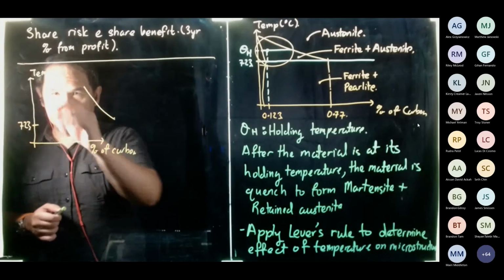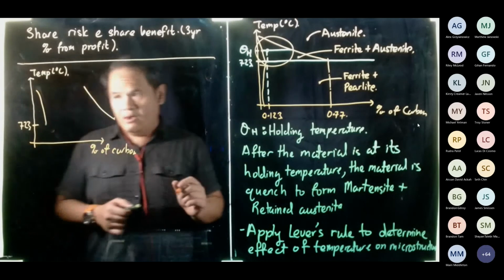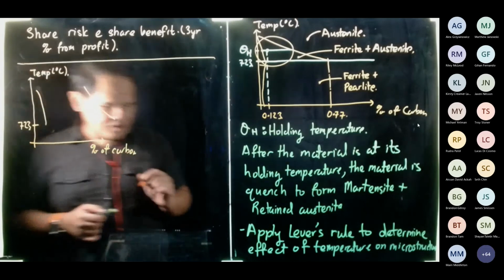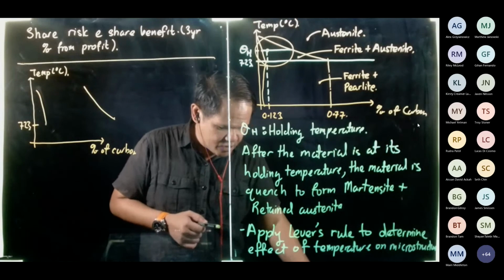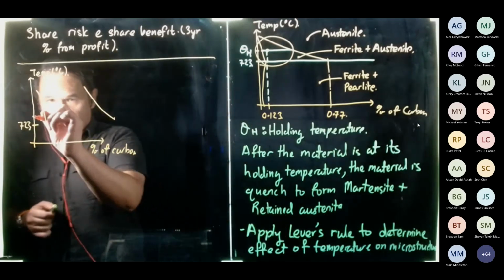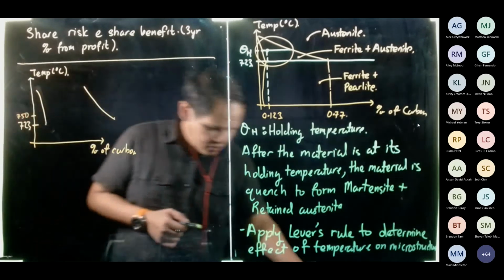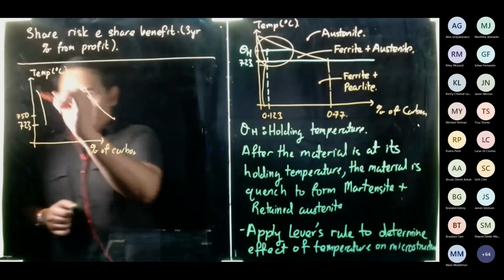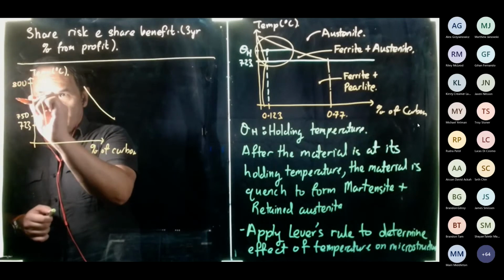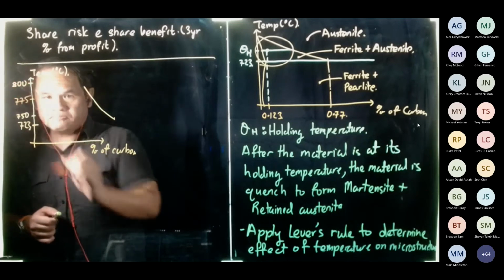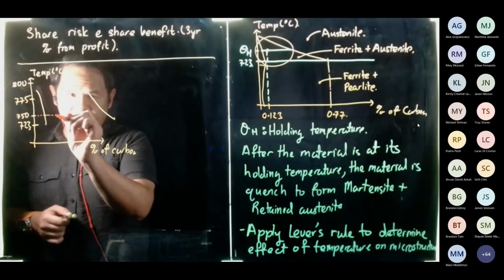Actually, this one should look like that. So I started calculating. If I range the temperature, this amount will happen. So I took it at 750. Over here is 800 and 775. So I varied the temperature, 3 different variations.